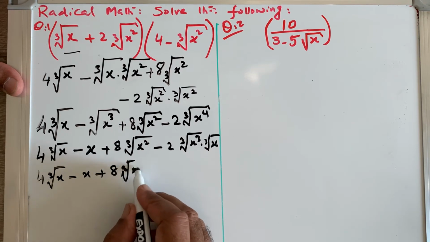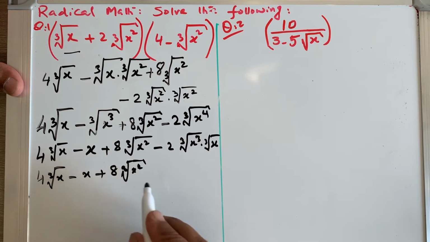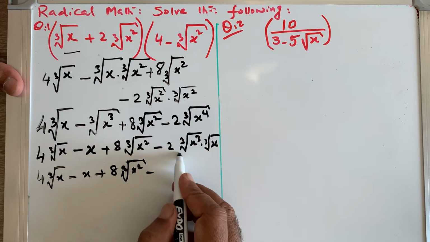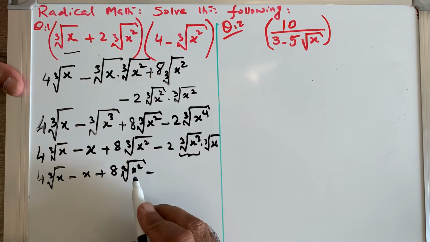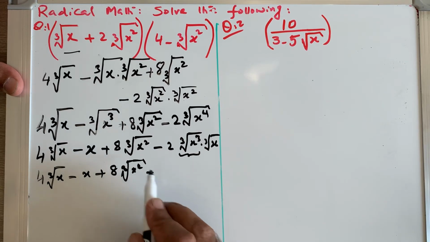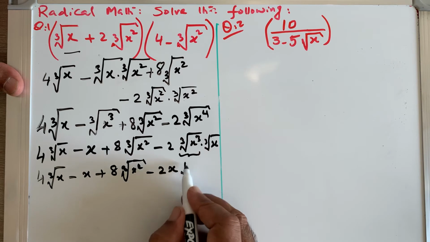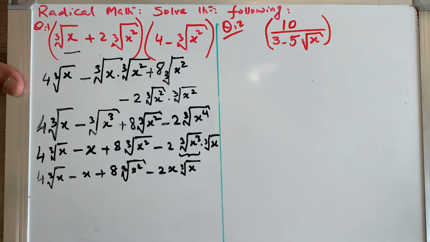cube root of x square, cube root of x square minus, what I can do is I can solve this thing which is giving me x, right? Cube root of x cube is x, so I have 2x and under root x, right? Cube root of under root x I cannot solve further.